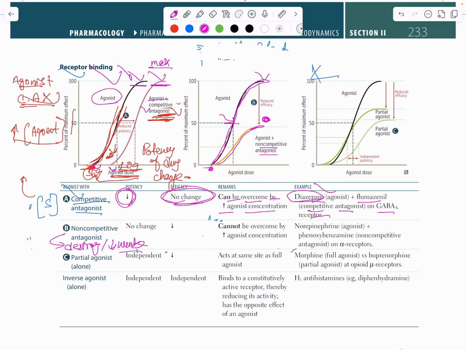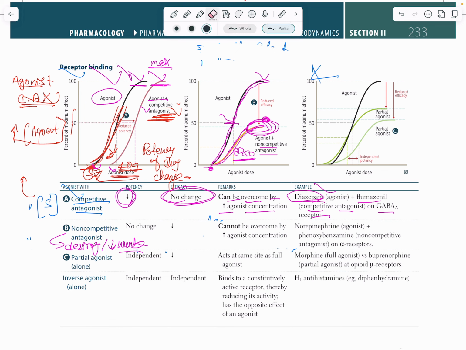If you check, we are getting the desired effect at the same dose, but the maximum effect is getting less.